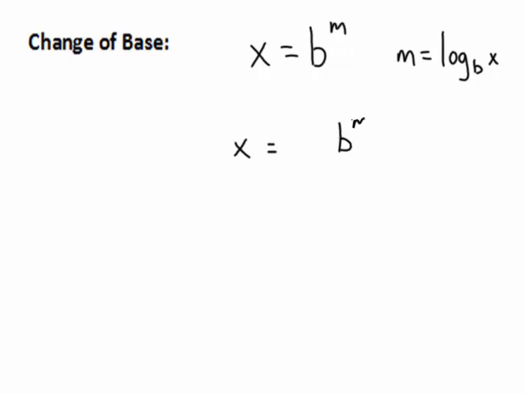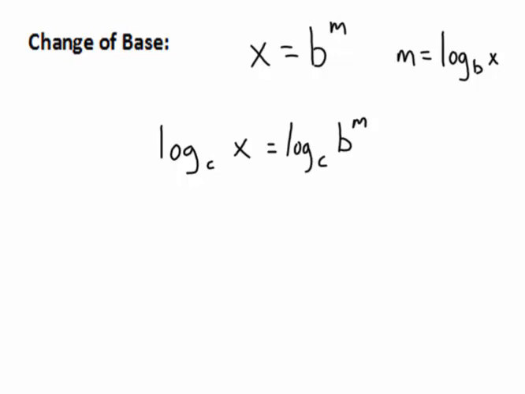I'm going to leave a space there because we're going to log both sides. We're going to take this side and write it as a logarithm to some other base. In this case, we'll just do it base c. And as long as we log both sides with the same base, we're doing the same thing to both sides of the equation, so it doesn't change the equation. So log base c of x is the same as log base c of b to the m.